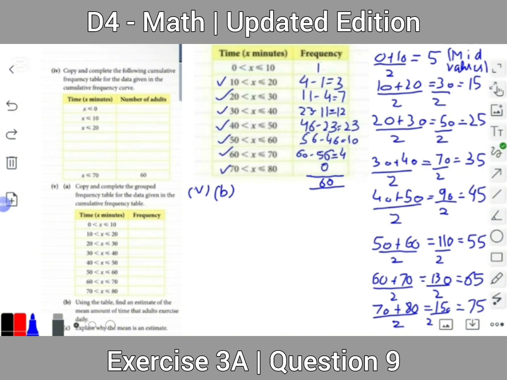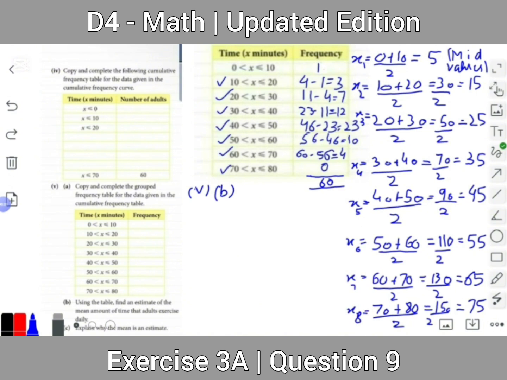These mid values of the class intervals will be used to estimate the mean amount of time. We will mark these midpoints as x1, x2, x3, x4, x5, x6, x7, and x8.